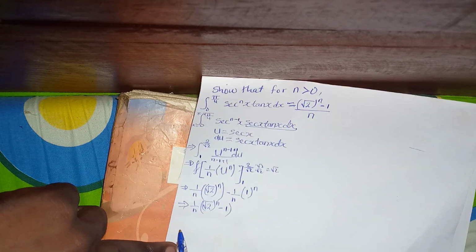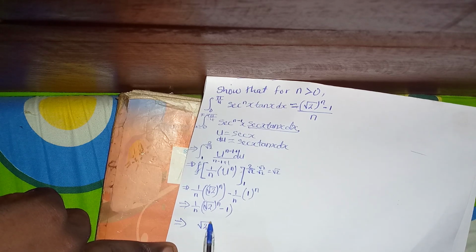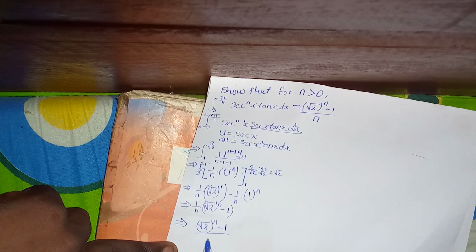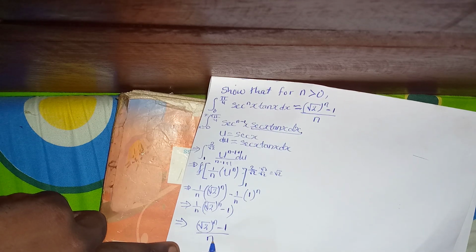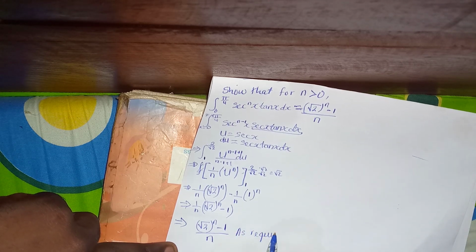So our answer turns out to be (root 2 to the power n minus 1) all over n. And since this is a proof, we must say as required.